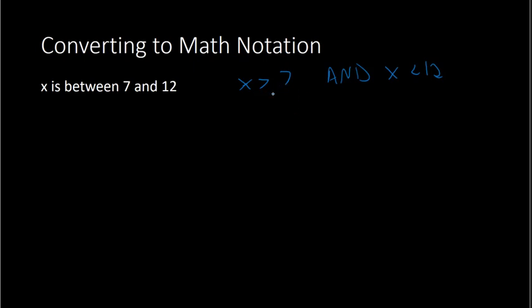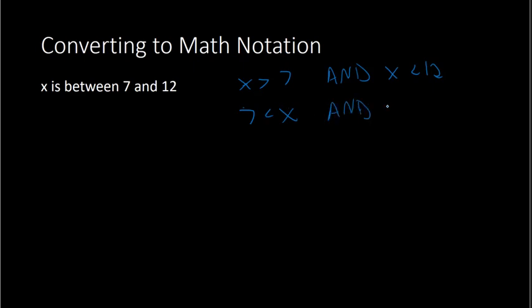So what I can do is imagine switching the x and the 7. So instead of x is greater than 7, I have 7 is less than x. That is true because I just switch the side and I change the way that the inequality is facing. Notice the mouth is still facing the x no matter which way I have this. So that is a true statement.